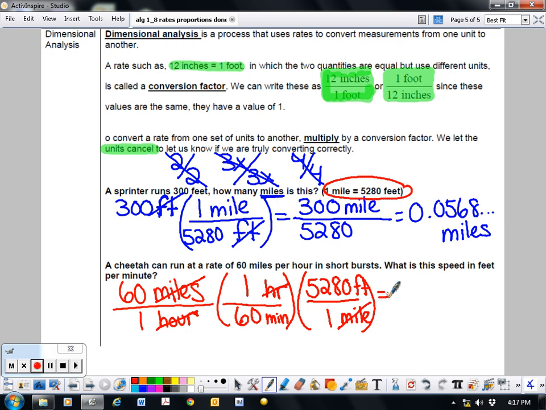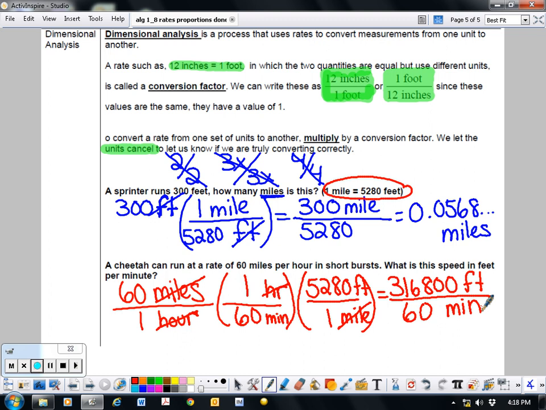So I would do 60 times 5,280, which is 316,800, and my units is feet. And on the bottom I multiply 1 times 60 times 1 is 60, and this is minutes.